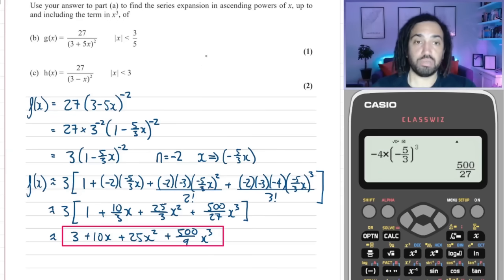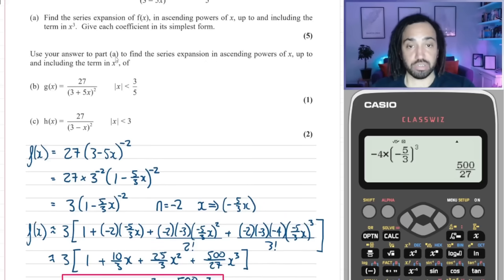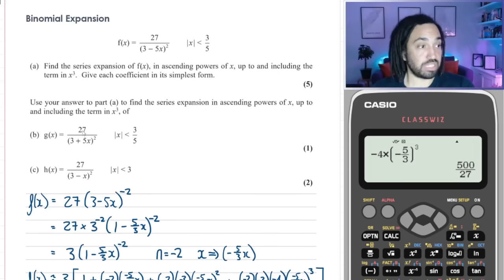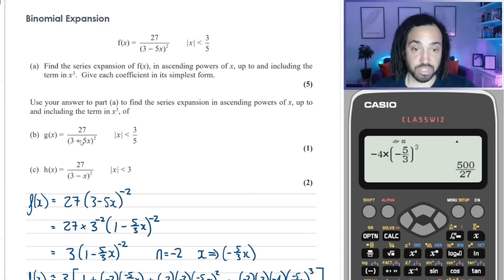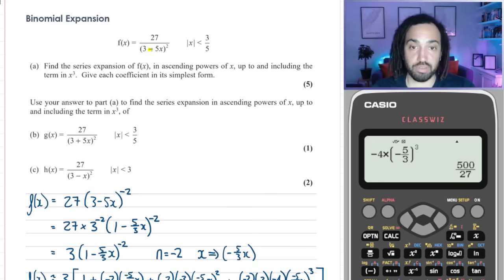Okay, right, on to part B, and it says that we need to use our answer to part A, the one we've already worked out, to then work out the expansion of this one here. So what's the difference? Well, here we've got a minus, but this new one we've got a plus. So how is that going to change?